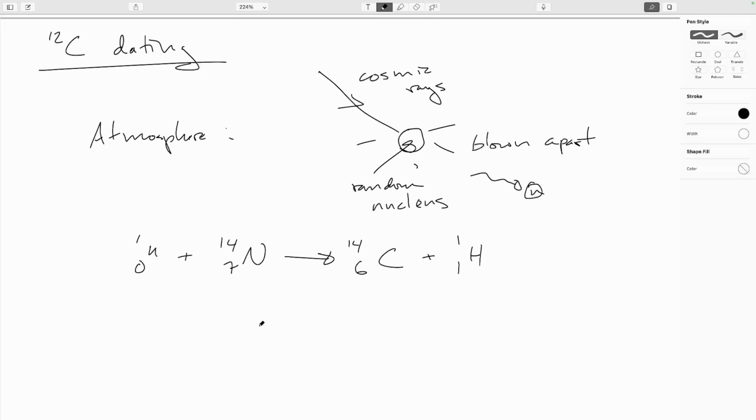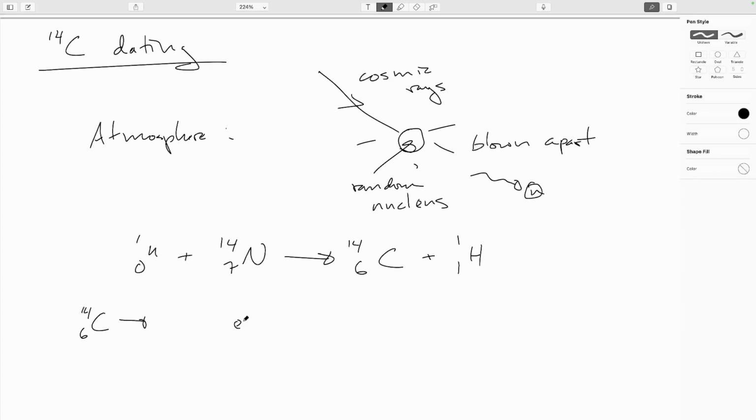Then the carbon-14 will itself undergo beta decay. Carbon-14 dating, what am I saying here? So the carbon-14 will undergo beta decay to be turned back into nitrogen-14.